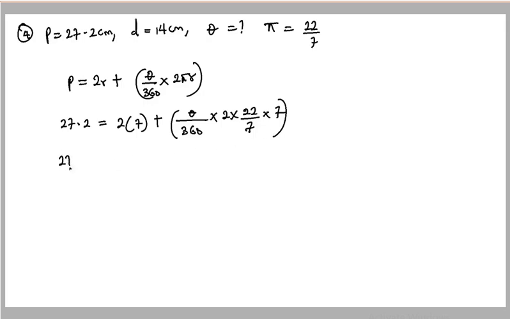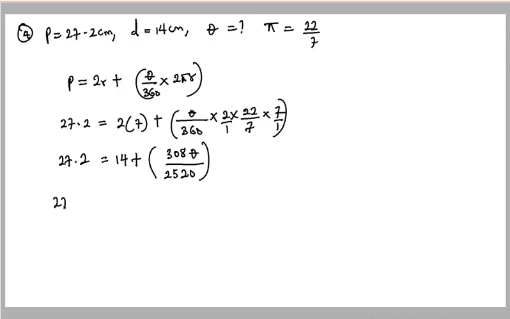So we have 27.2 equal to 14 plus, multiplying here, 2 times 22 times 7 is 308. 308 times theta should be 308 theta, all over 360 times 7 over 1, which is just 2520.